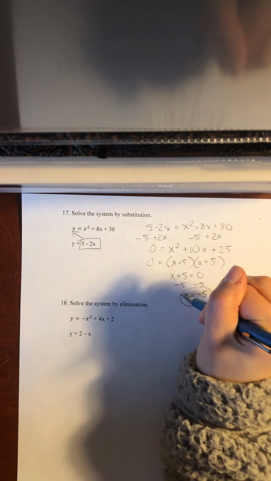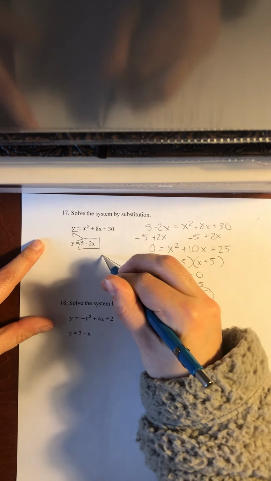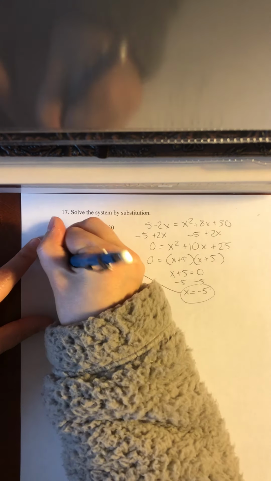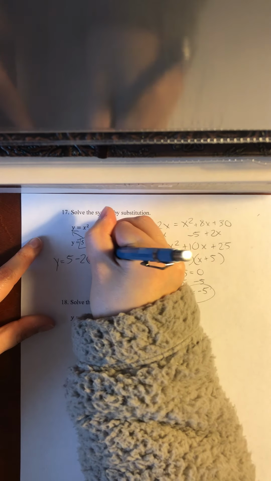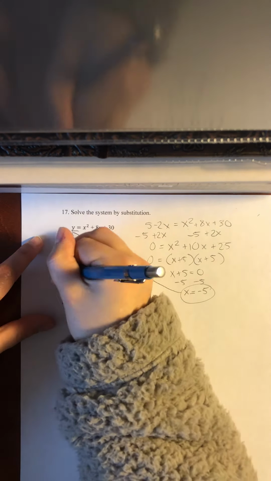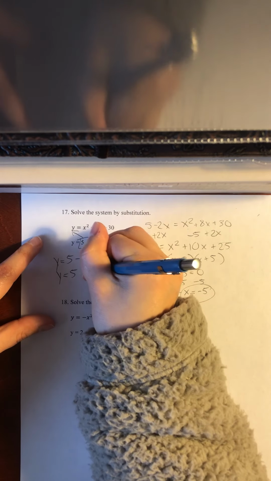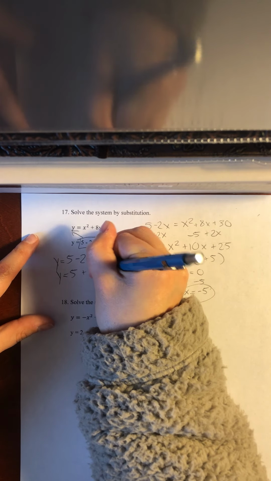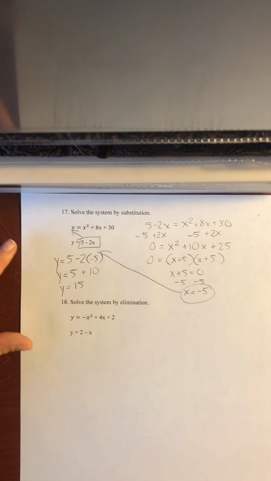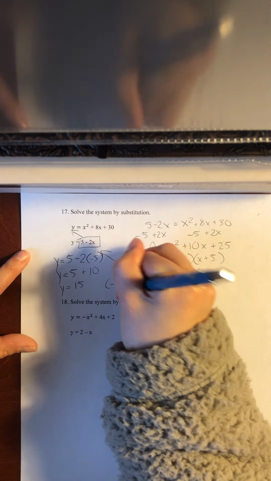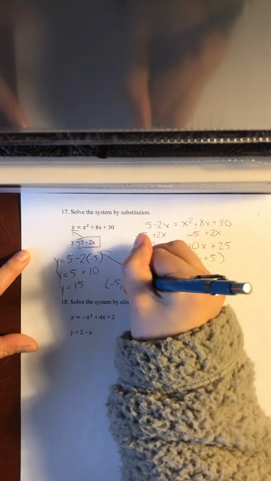Plug x equals negative 5 back into this equation. So y equals 5 minus 2 times negative 5. y equals 5 plus 10. y equals 15. So our solution is negative 5, that was our x value, y value 15.